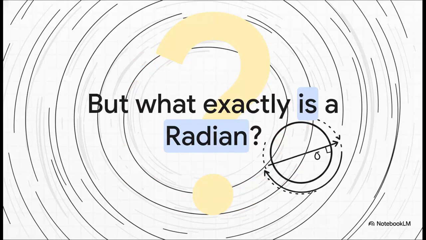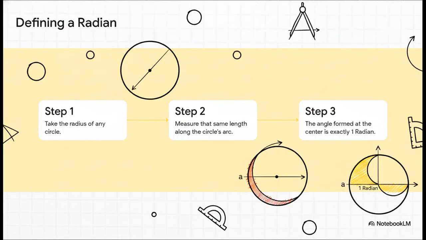What in the world is a radian? Because unlike a degree, a radian isn't arbitrary at all. It's defined by the circle's own internal logic, and that's what makes it so incredibly powerful, especially in higher-level math. Okay, check out how elegant this is. Take any circle you want, big or small, doesn't matter. Find its radius. Now take that exact length, but bend it and lay it right along the edge of the circle.